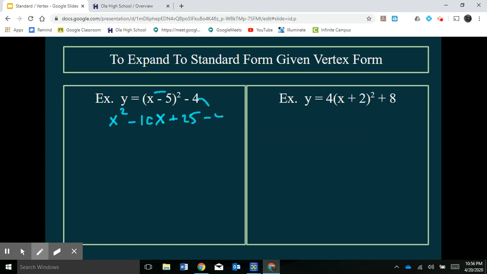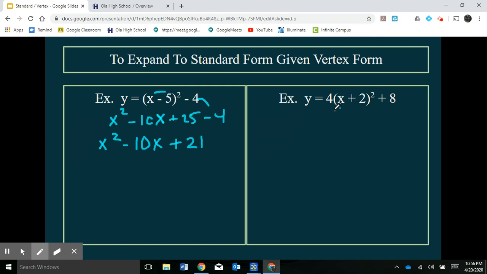Put your like terms together. The only ones I have are these two right here. So x squared minus 10x, 25 and -4 is 21. And you just put it in standard form. So you're going to expand this binomial squared by doing square double square and put like terms together.